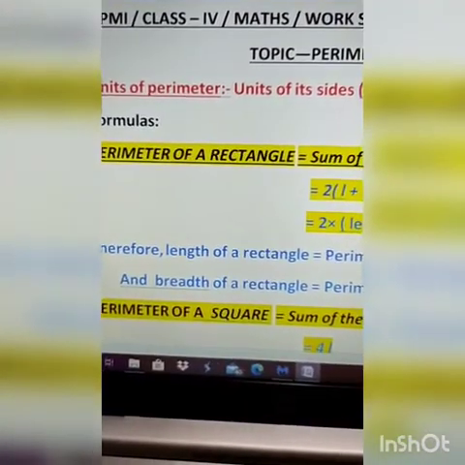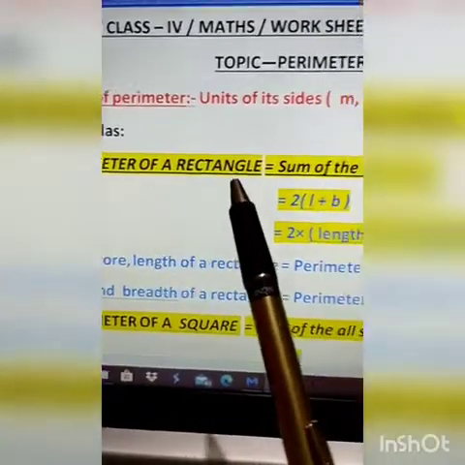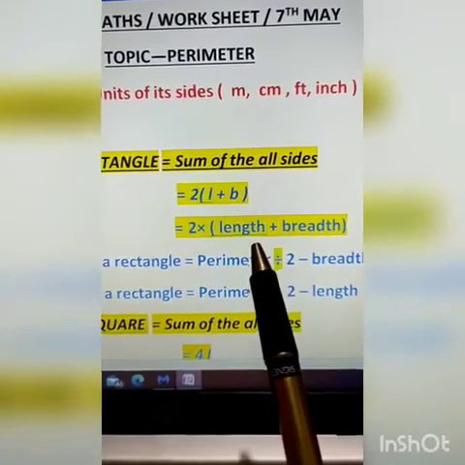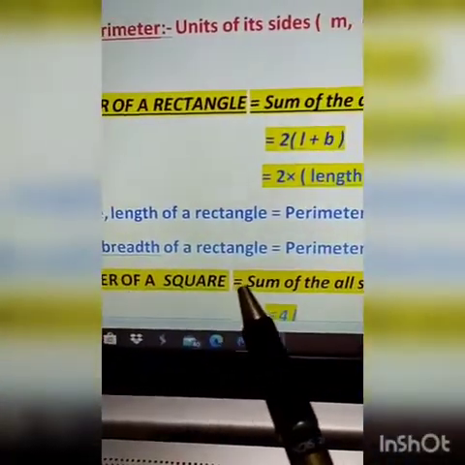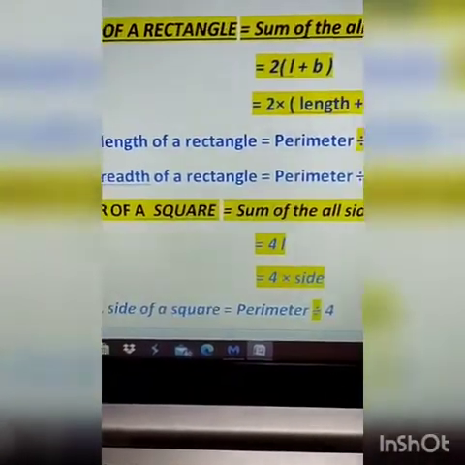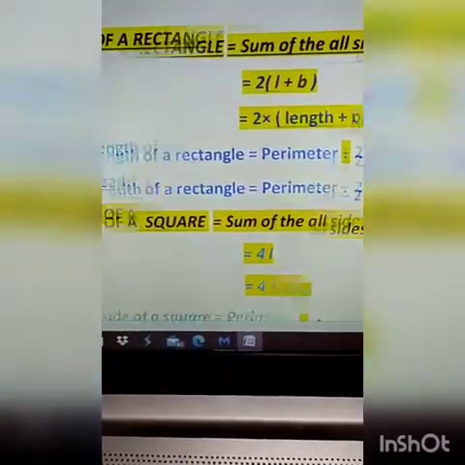Yesterday I explained to you perimeter of a rectangle is equal to 2 into length plus breadth. Perimeter of a square is equal to 4 into side.